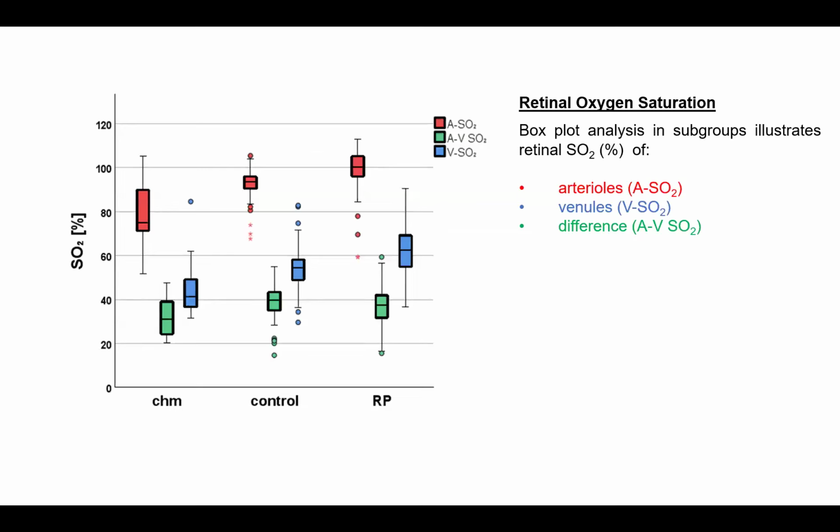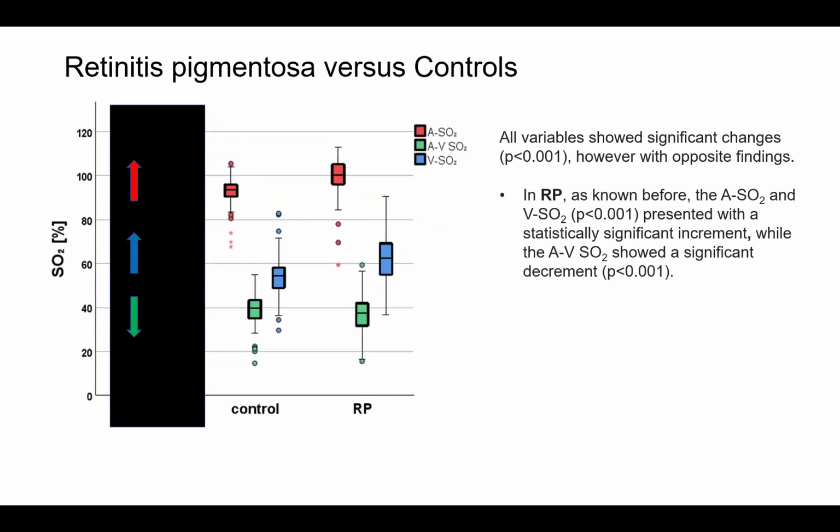So we obtained 3 main parameters: oxygenation in retinal arteries, oxygenation in retinal veins, and the difference, which represents a measure, a parameter, let's say, of oxygen consumption in the retina. And we actually performed 3 comparisons. First, we compared the oxygenation in retinitis pigmentosa versus healthy participants.